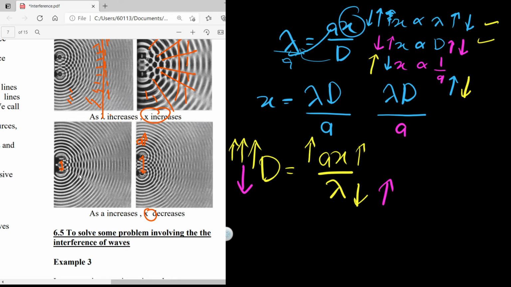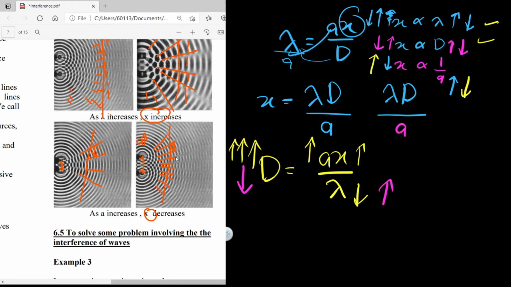As you can see here, this is the nodal or antinodal line. Let's just draw a detector line. The distance here, what will happen?